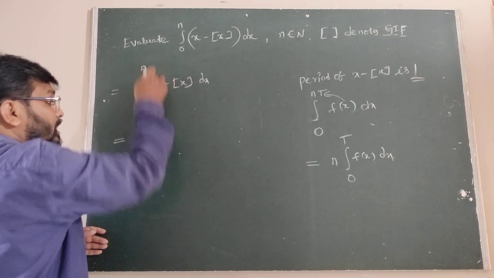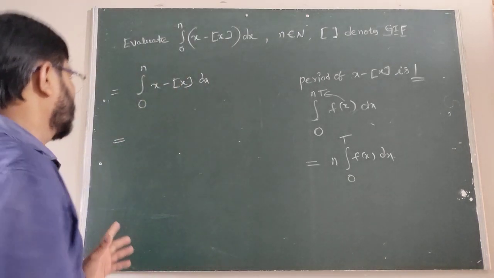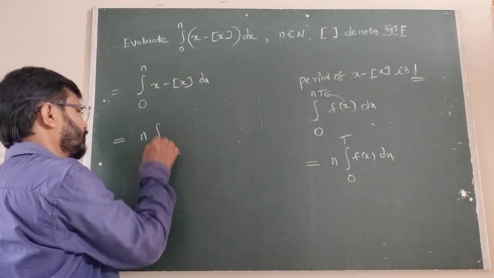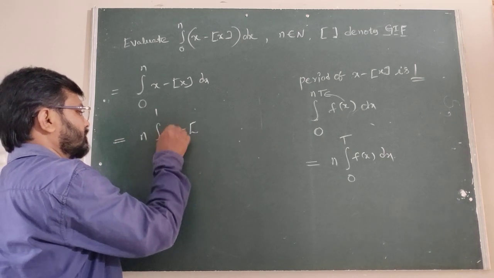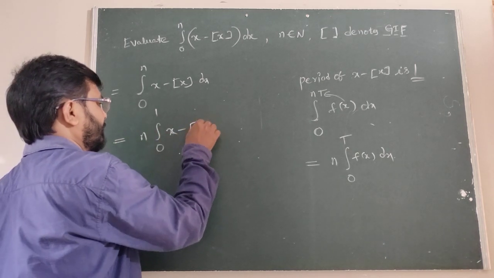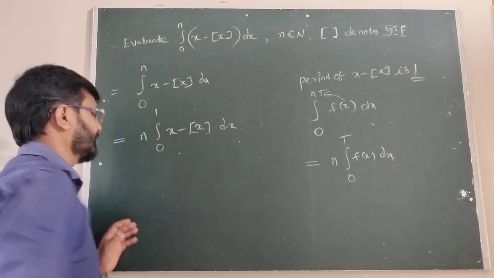Therefore 1 is the period. Then it will be n times the integral from 0 to 1 of x minus step x dx.